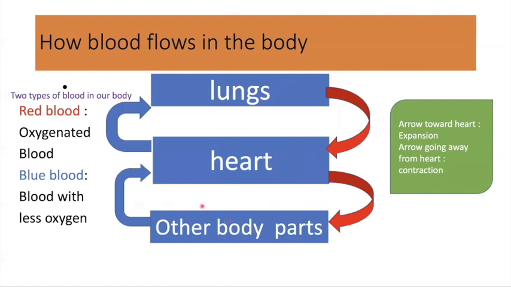That less oxygen blood is blue blood. So blue blood is the blood with less oxygen, or deoxygenated blood. That deoxygenated blood comes back to the heart, and the heart again pumps that to the lungs for purification. There the lungs again fill that blue blood with oxygen and make it red blood, and the cycle continues.